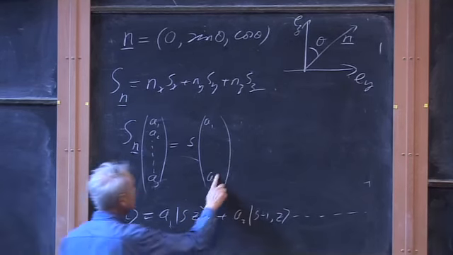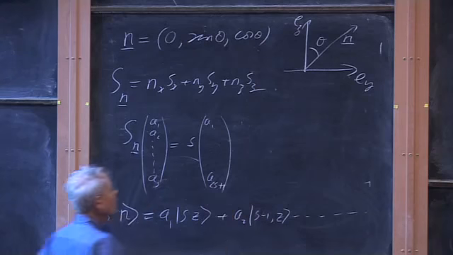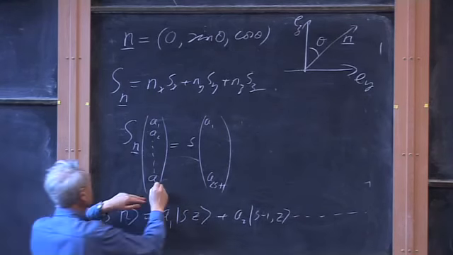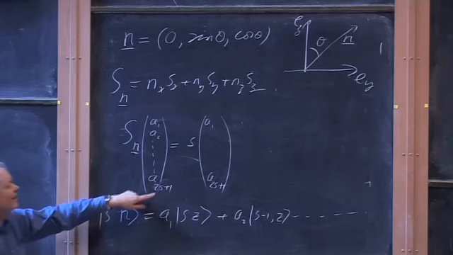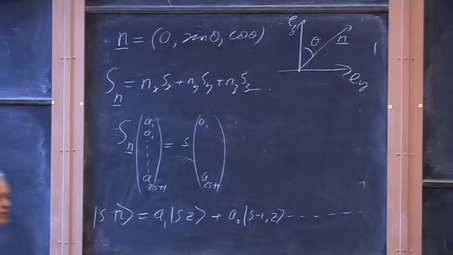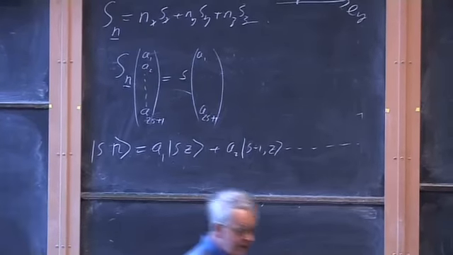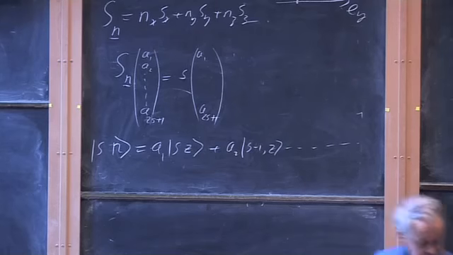And actually, this isn't of length s, it's of length 2s plus 1, because there are 2s plus 1 possible orientations. So if s is 40, this is going to be an 81-component vector. So have it do that, and what you find is what's shown in this picture up in this diagram here.